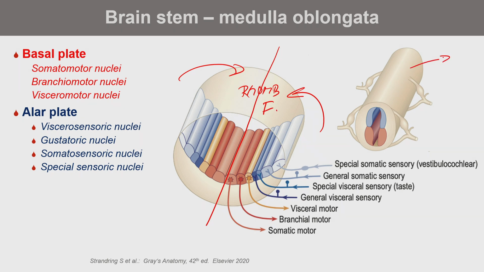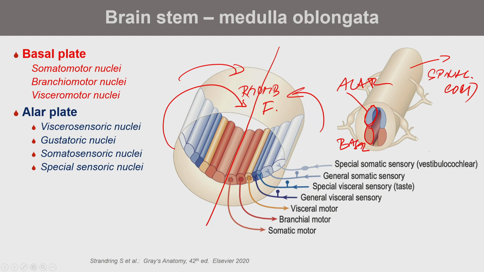And here we have a structure which corresponds to the spinal cord in general. And this plate is then rolled, and you can see that there's this blue part, which is alar, and here is the basal. But at the level of the rhomboid fossa, this is an arrangement that we can observe here.